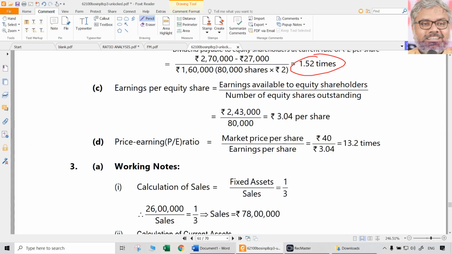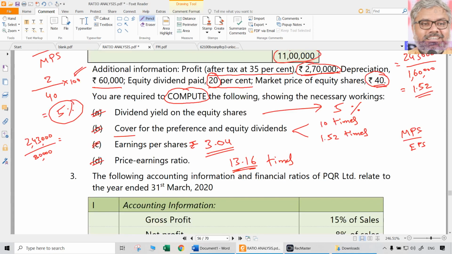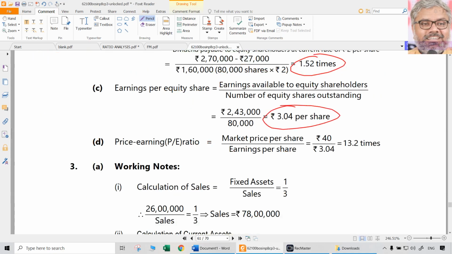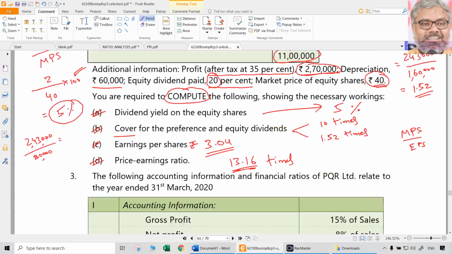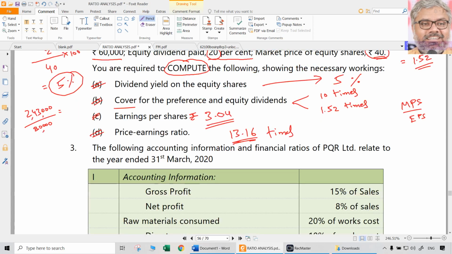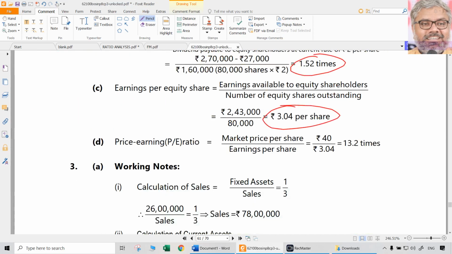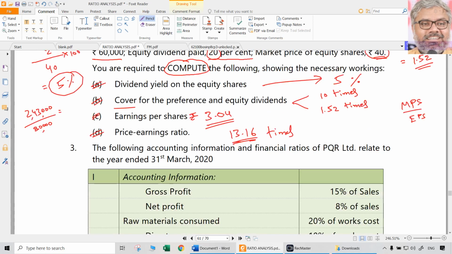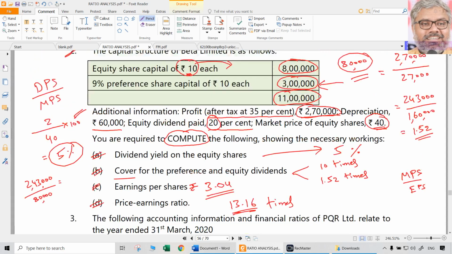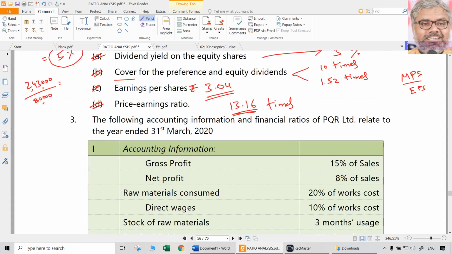Then earnings per share 3.04. Then P/E ratio 13.16, 13.2 approximately. So that is the way to calculate various details as asked in the question from the information given in the question itself. That was question number 2.